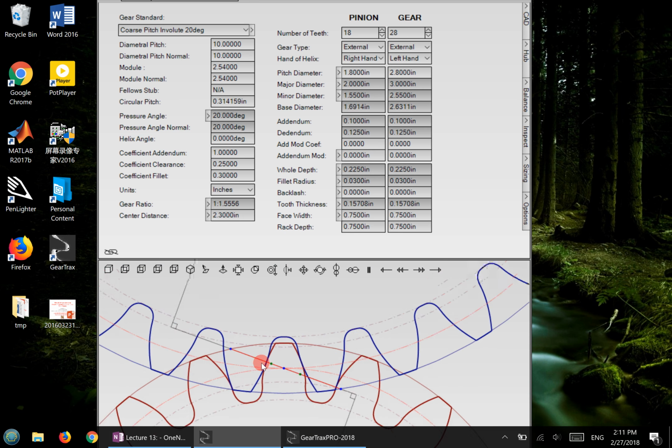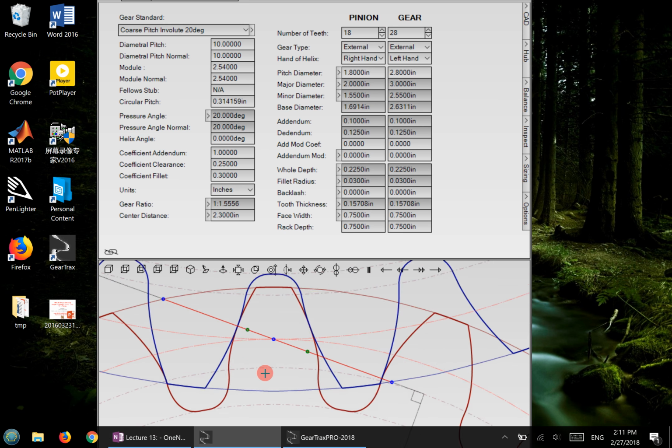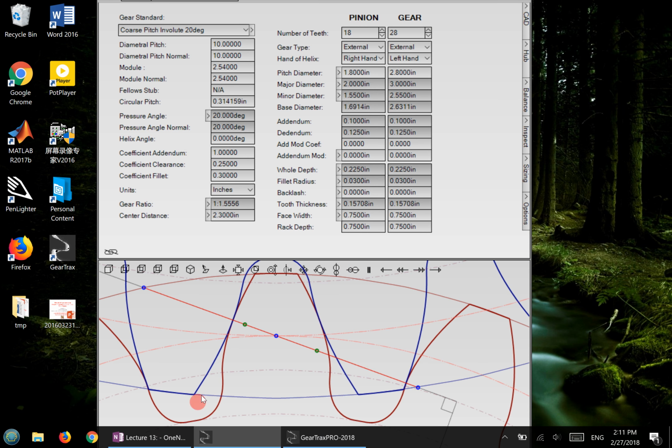Here's a pinion gear tooth. Now I want you to observe this gear tooth profile while I'm changing the diametral pitch value.